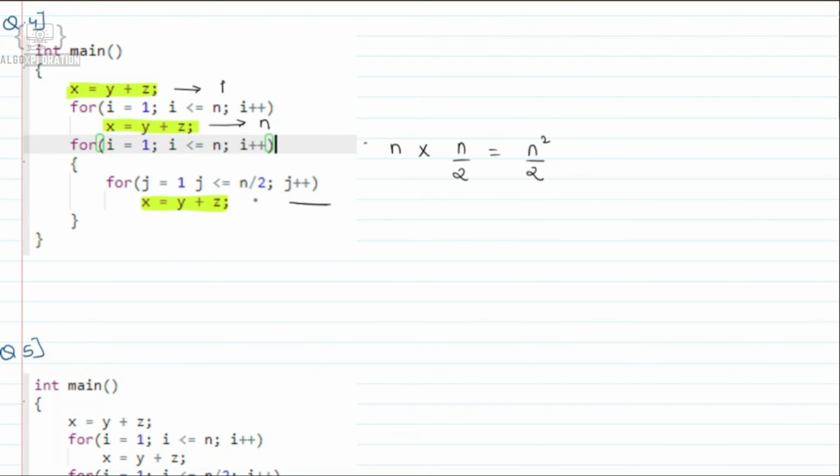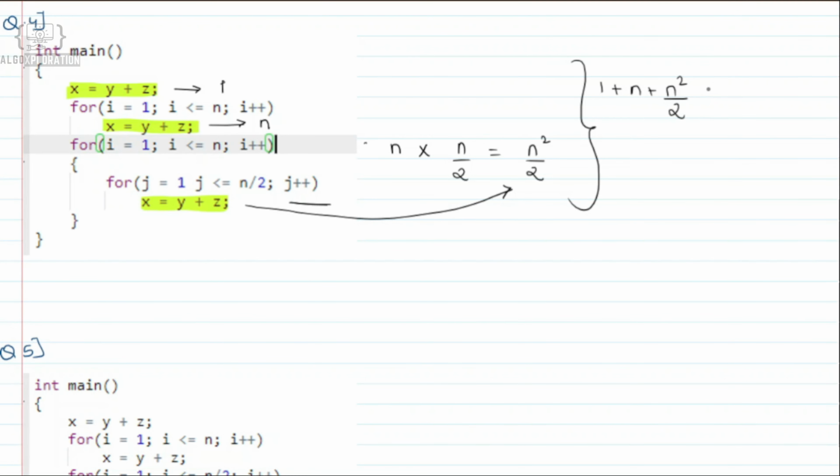Therefore this statement is going to run n square by 2 times. So if we combine the order of magnitude of these three statements, it will be 1 plus n square by 2.